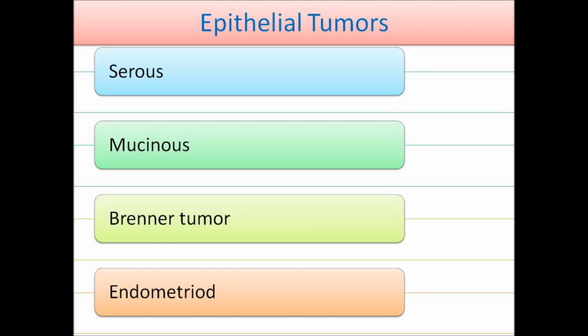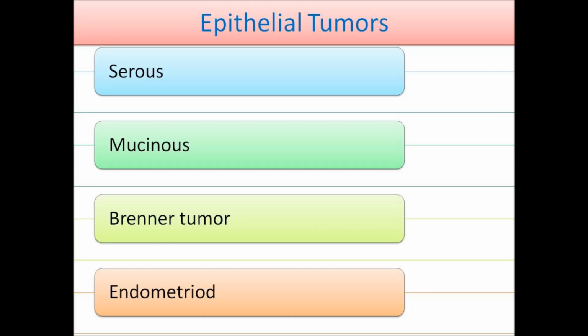The coelomic epithelium is the epithelium which forms the fallopian tubes, the cervix, and the endometrium. So from this we can understand that we have different types of epithelial tumors. We have the serous type, which forms the fallopian tubes. We have the mucinous type, which forms the cervix, and we have the endometrioid type, which forms the endometrium.